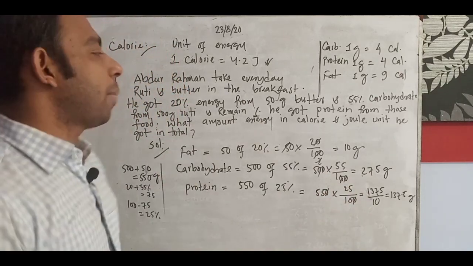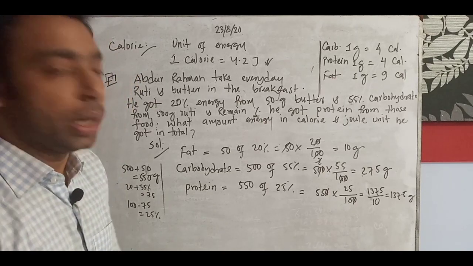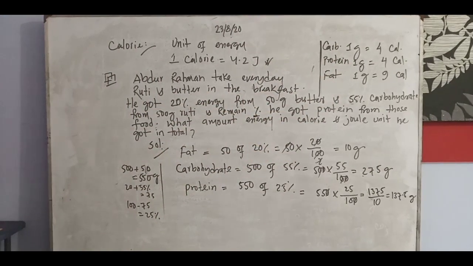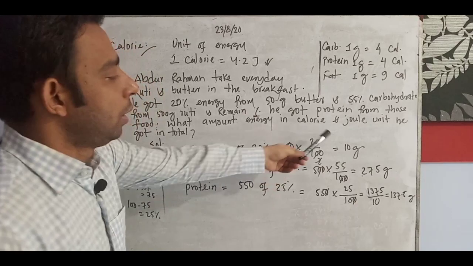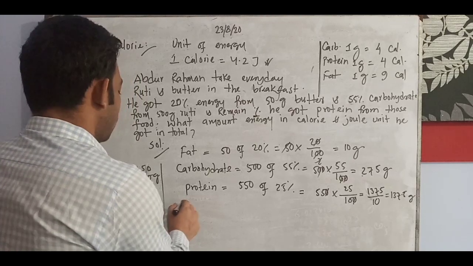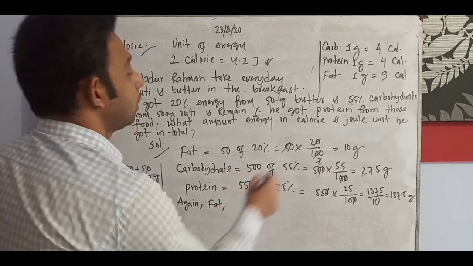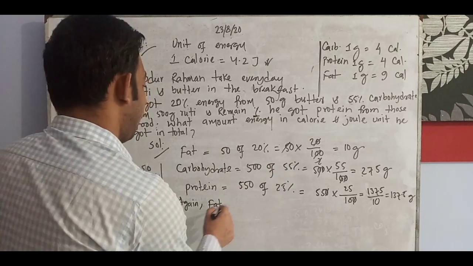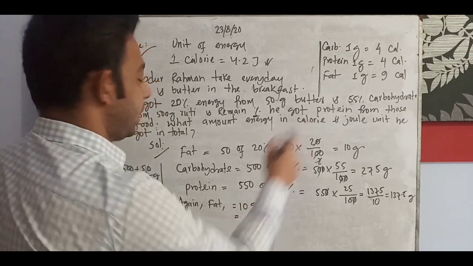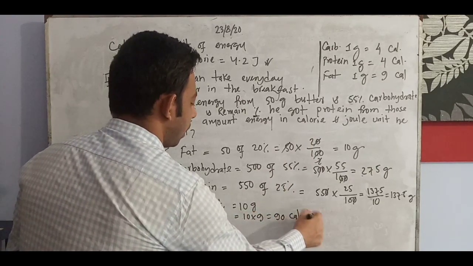Now what amount of calorie, actually energy, we get from there, and the calorie and joule units, we will try to understand in a very short form. From 1 gram fat, 9 calorie. So 10 gram fat means 10 into 9, 90 calorie energy.